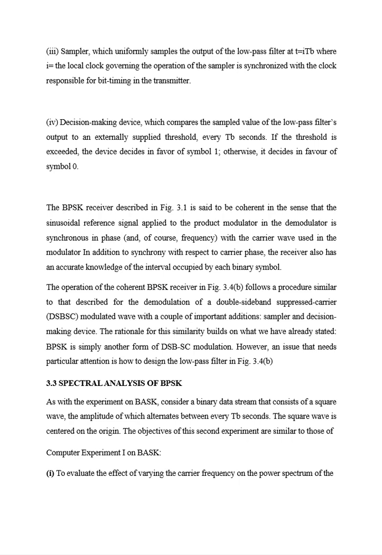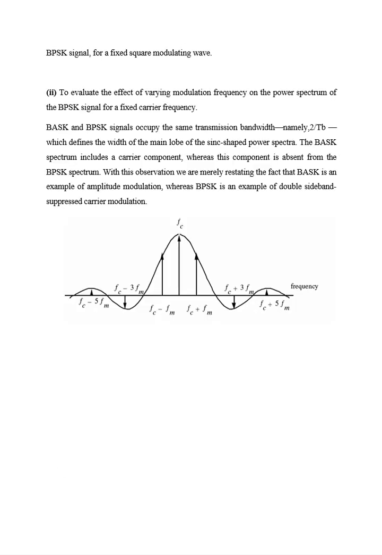Next is the spectral analysis of BPSK. Here is the spectrum of the BPSK signal, which is indicated as such. The BPSK signal occupies a transmission bandwidth of 2 by TB, which defines the width of the main lobe of the sinc shaped spectrum.